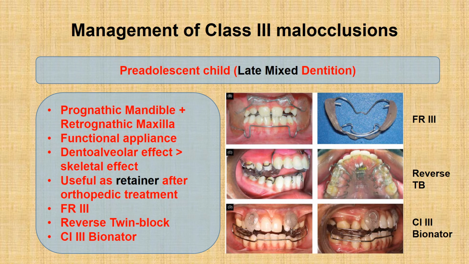Now, the effect is more dentoalveolar than skeletal, and this myofunctional appliance can also be useful as a retainer after the orthopedic treatment. Now, the types of functional appliances that could be used for these purposes are a function regulator 3, a reverse twin block, or a class 3 bionator.